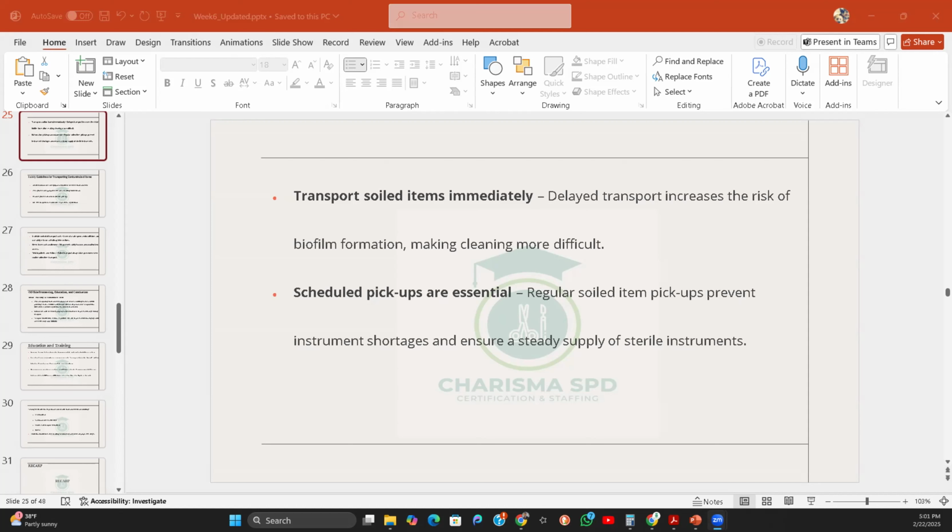If the cart has been decontaminated, then it is safe to use the cart that brought dirty instruments to take clean instruments back into the OR. Decontamination here means that it has to be taken through the cart washer, that will wash it, clean it, dry it, and then it can be used again to transport.